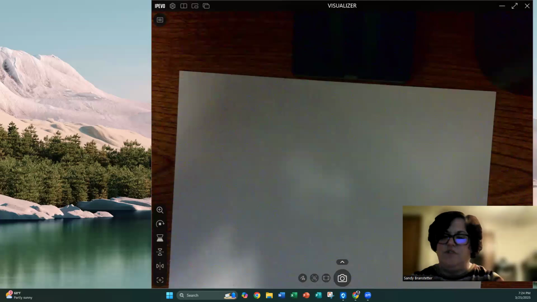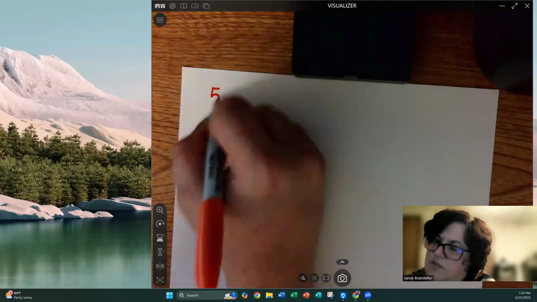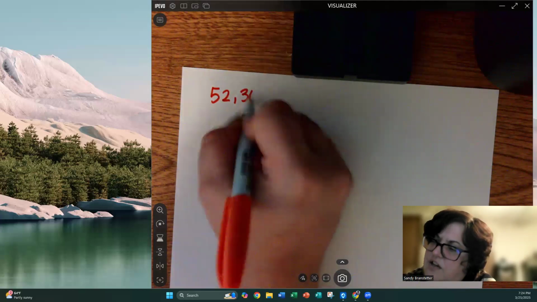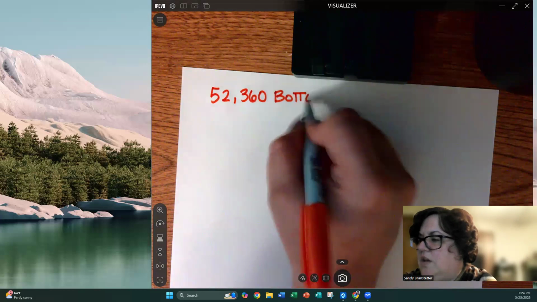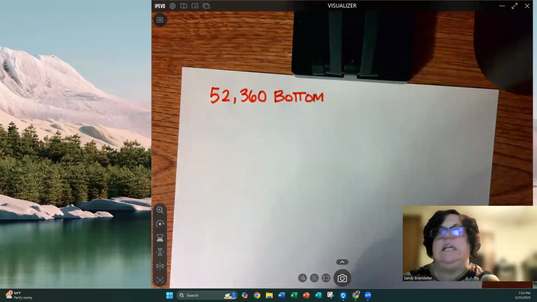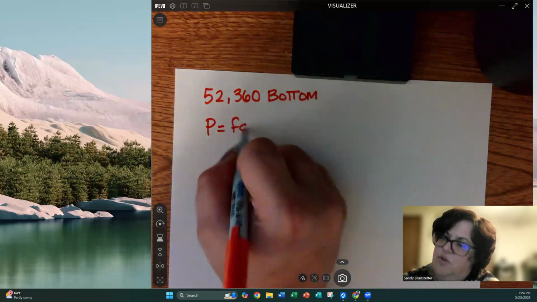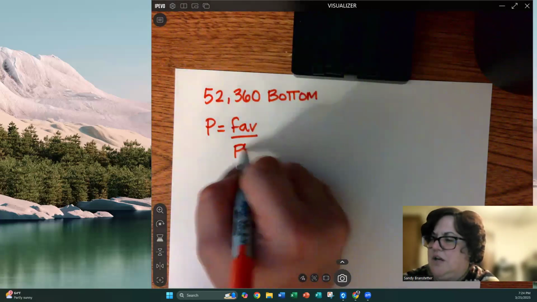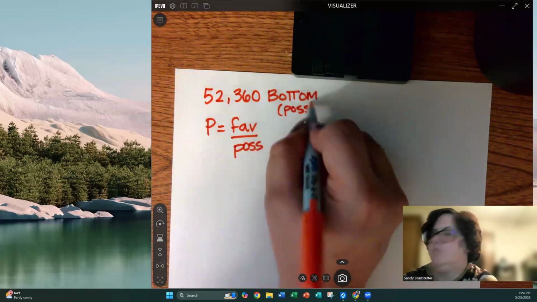All right, so 52,360. I'm going to write that number down. That is going to be the bottom of our fractions when we make our probability. Probability is the favorable over the possible. So this is our possible.